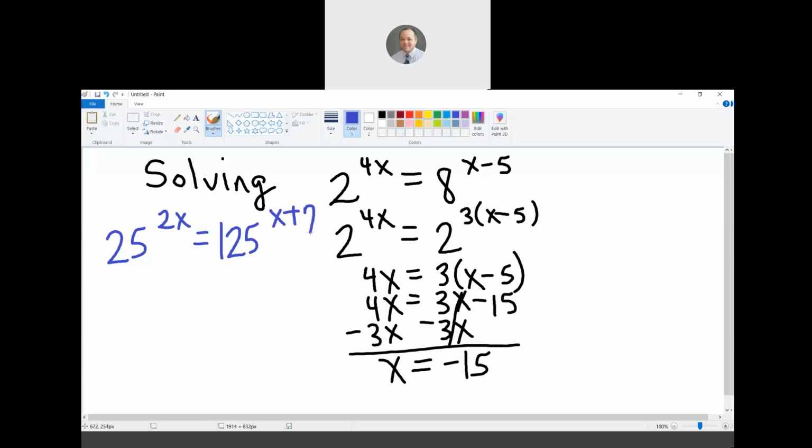Now, both 25 and 125 are base 5 eventually. So 25, we can rewrite that as 5 squared. And 125, we can rewrite that as 5 cubed.